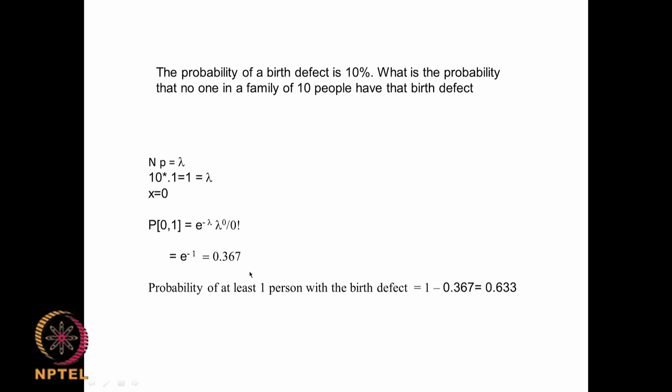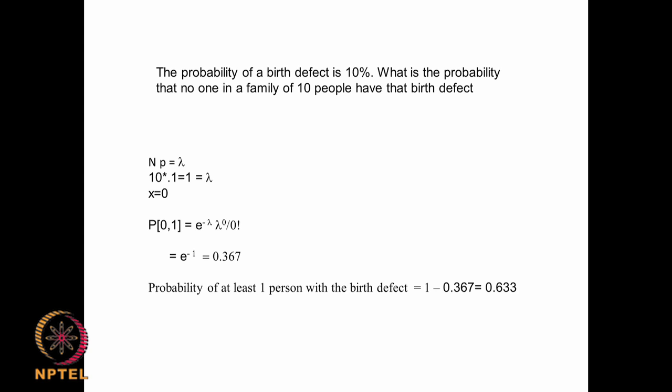We can also calculate one person having the birth defect. We can put different numbers here based on what x we are actually looking at. Now, if you want the probability of at least one person with the birth defect, that means all 10 having the birth defect, all 9, all 8, all 7, all 6, 5, 4, 3, 2, or 1.